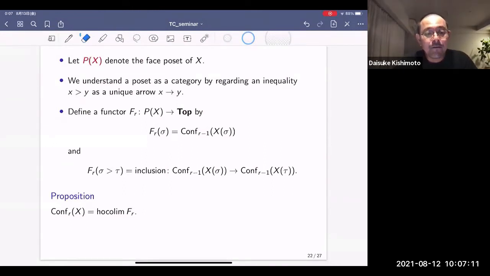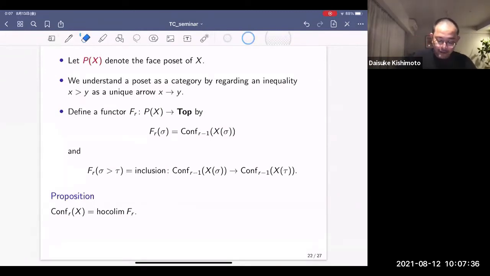Then we can define a functor F_R from P(X) to Top by setting F_R(sigma) to be Conf_{R-1}(X minus sigma), with the induced map by the inclusion.